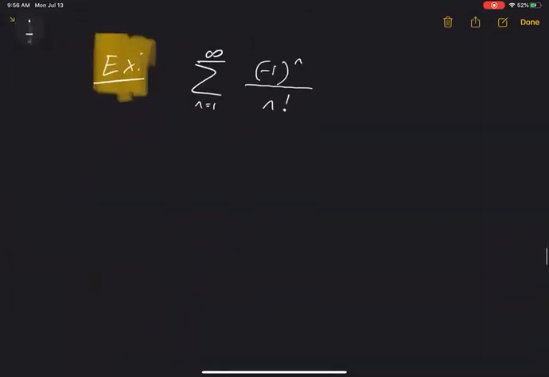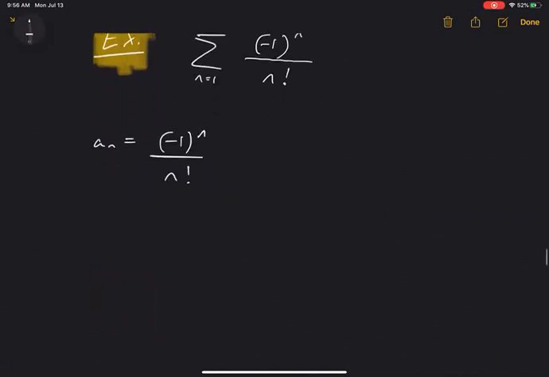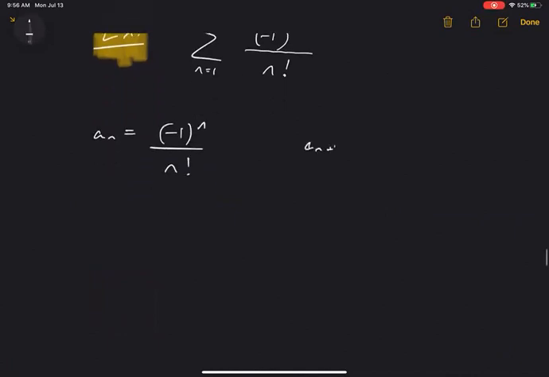Now, let's try a ratio test on this series. First of all, what's my an? That's -1 to the power n over n factorial, right? And what's my an plus 1? That'd be -1 to the power n plus 1 over n plus 1 factorial.